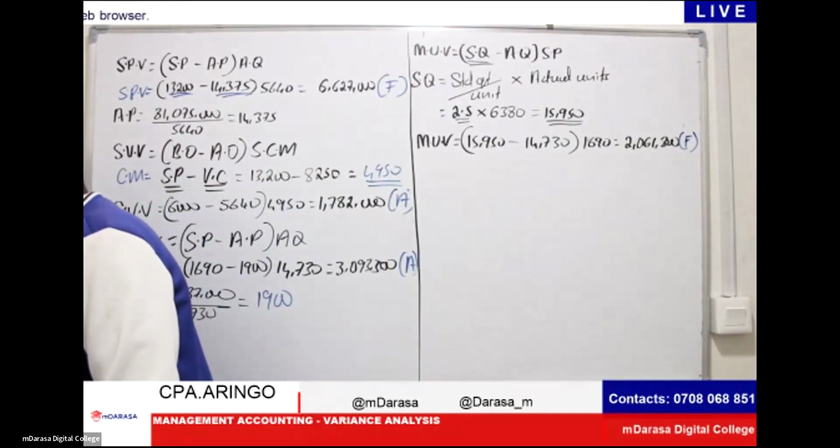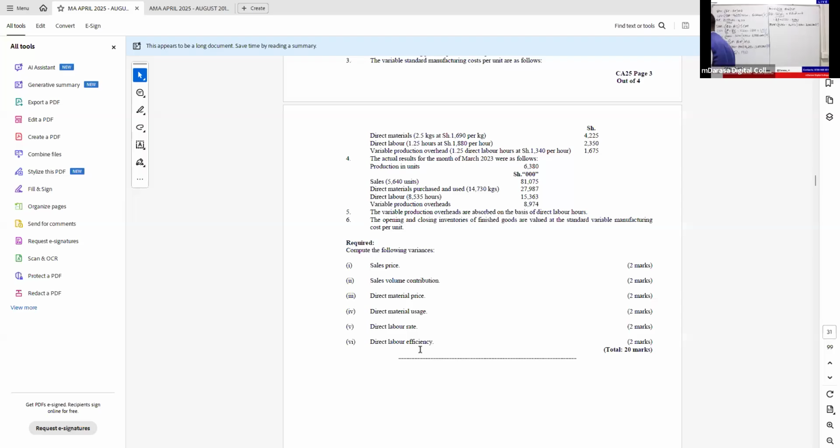Consider the other part here, which is the direct labor rate, labor rate variance. Nothing will change. We are considering your standard rate minus actual rate multiplied by the actual hours.